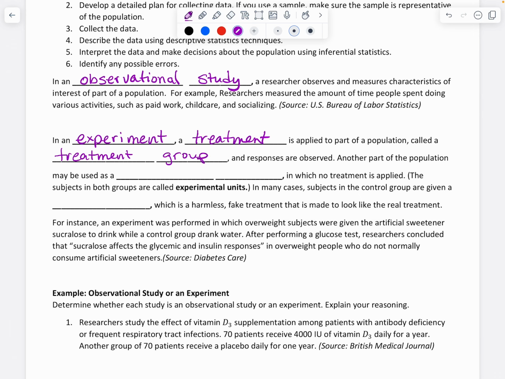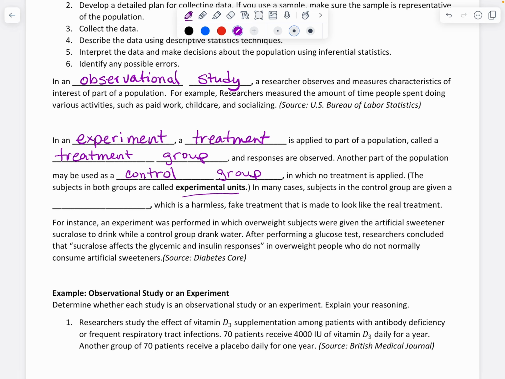And those responses are observed. However, another part of the population may be used as a control group. So this is the group in which no treatment is applied. So now we can compare the two groups. The subjects in both groups are called experimental units.